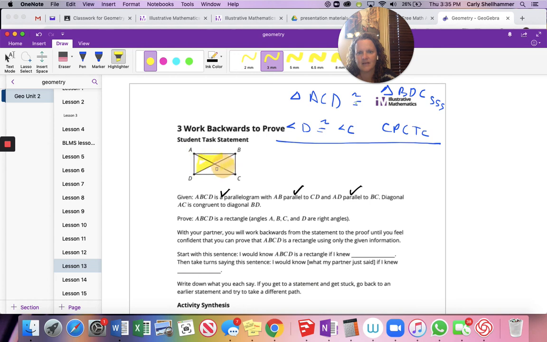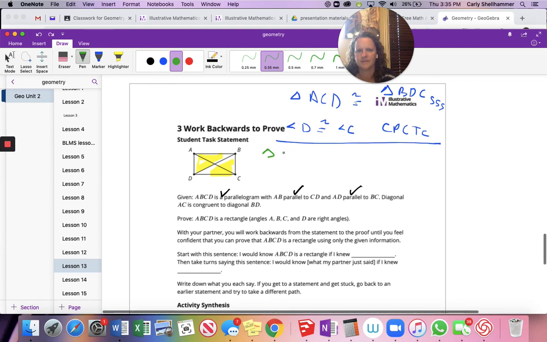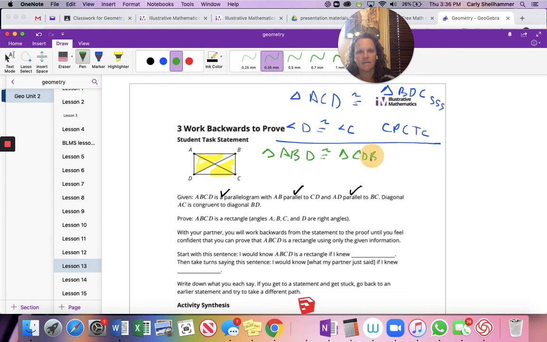Now let's go here. We already did this one. Triangle ABD is congruent to triangle CDB. Side, side, side. Now we can say angle A is congruent to angle C, CPCTC.